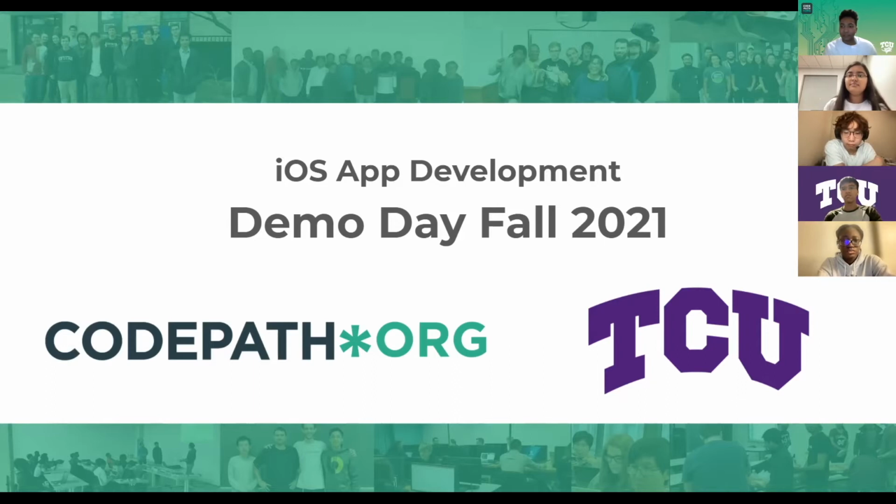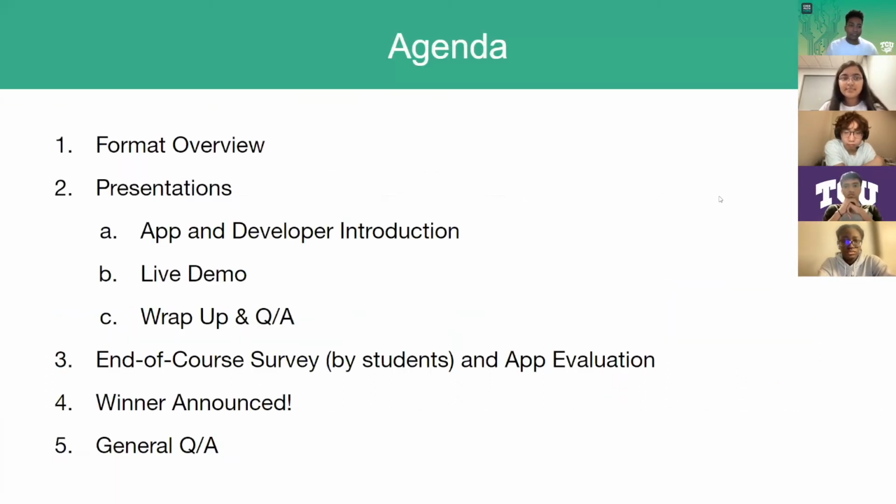All right, so for our demo day, first we're gonna go through our agenda. Firstly, we will go through the format of our demo day, and then we will have presentations from each team, and each team will introduce your app and the developers. And you will have a live demo of the app, and then you will wrap up and then do a Q&A for your app.